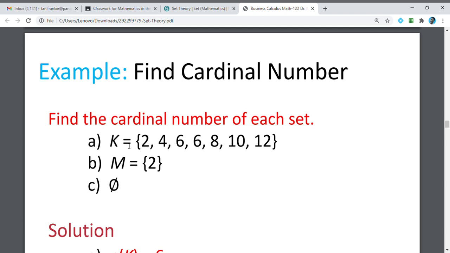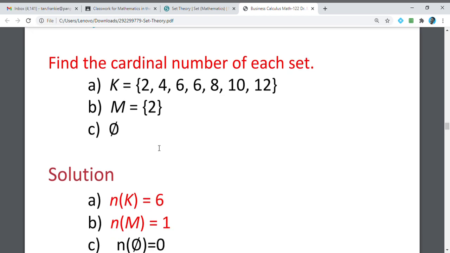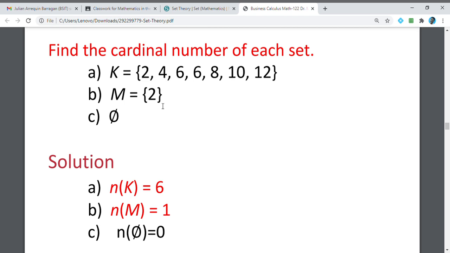So n(K) is 6. Why 6? Remember, just count the repeated 6 as 1 element. So we have 1, 2, 3, 4, 5, 6. So n(K) is equal to 6.